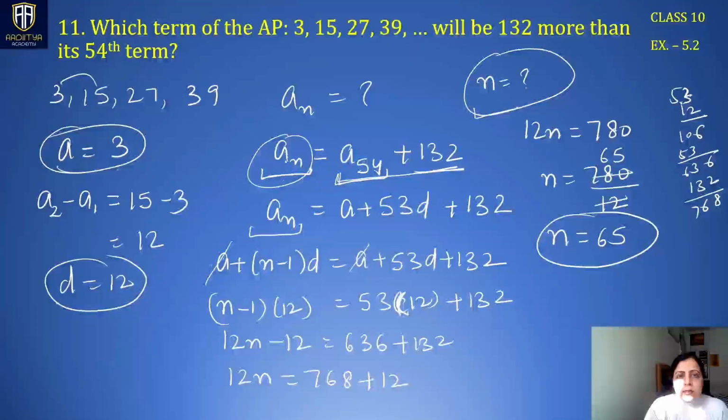So I just replaced an by A plus n minus 1 D. A54 can be written as A plus 53D. And then by solving the values on both the sides and putting the value of D, the value of n comes out to be 65. Right? That means 65th term will be 132 more than 54th term.